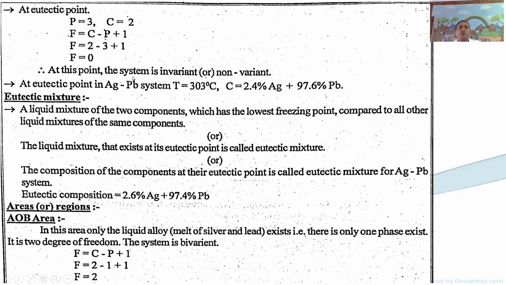This means at this point the system is invariant or non-variant. At the eutectic point in the silver-lead system, the temperature is 303 degrees centigrade, and the composition is 2.4% silver and 97.6% lead.